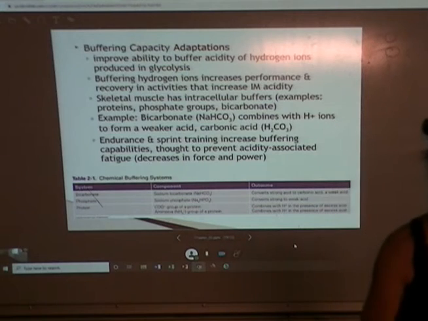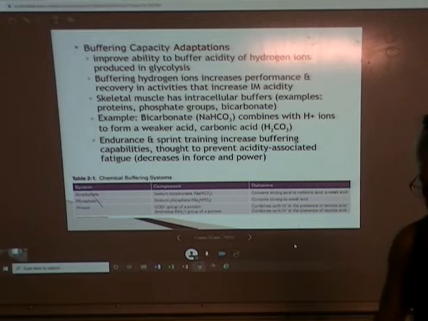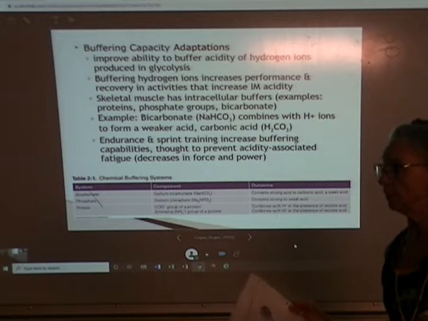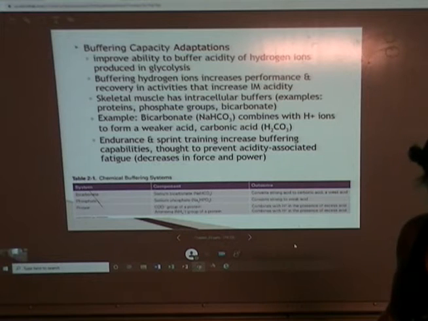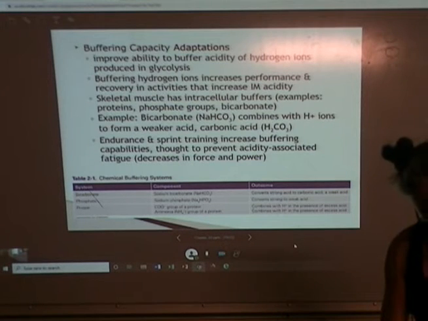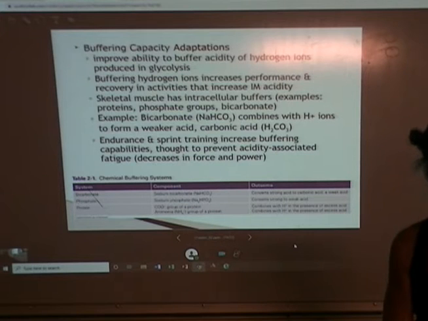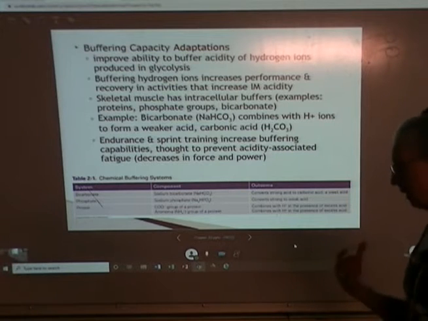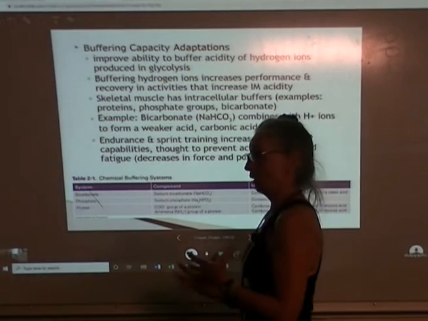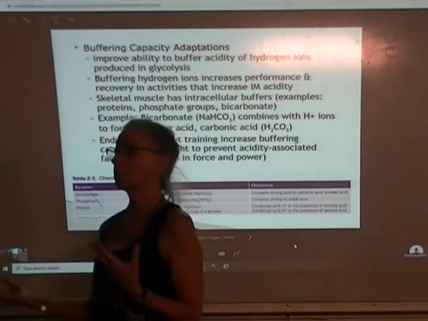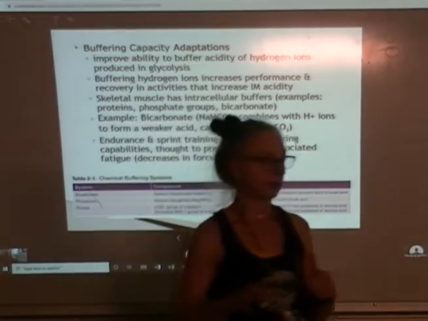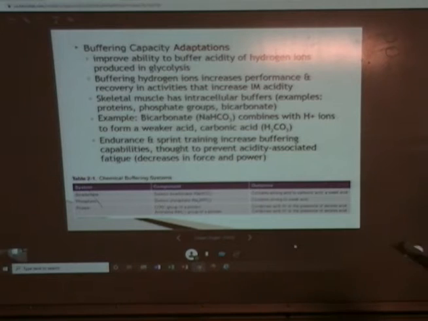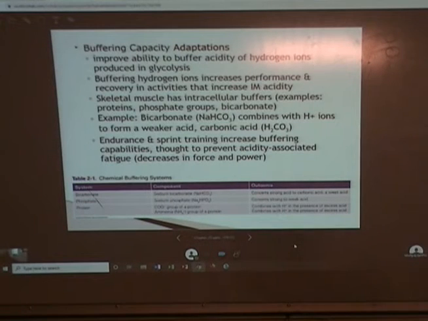And if you want to know, we should probably cover it later in the semester when we do chapter 15, but if you want to know more about bicarbonate loading right now, you can go to page 448, and there's a piece of info, 446 and 448. 448 has the information about the problems around bicarbonate loading, because there are some physiological paybacks to bicarbonate loading that aren't very pleasant. So you've got to be careful how you use it.